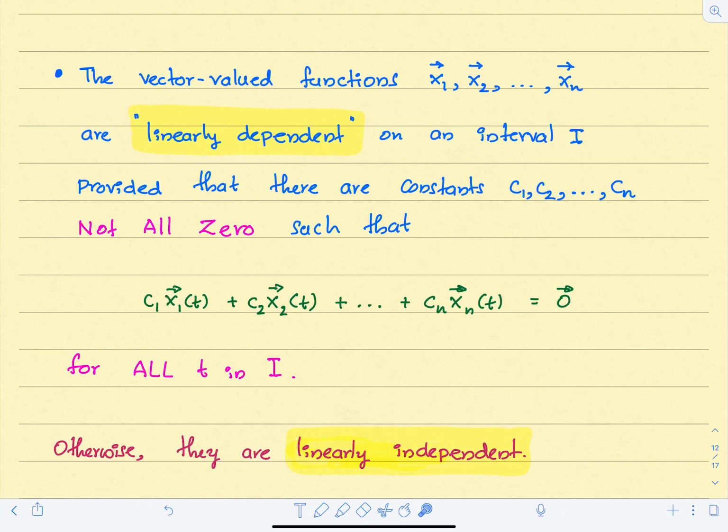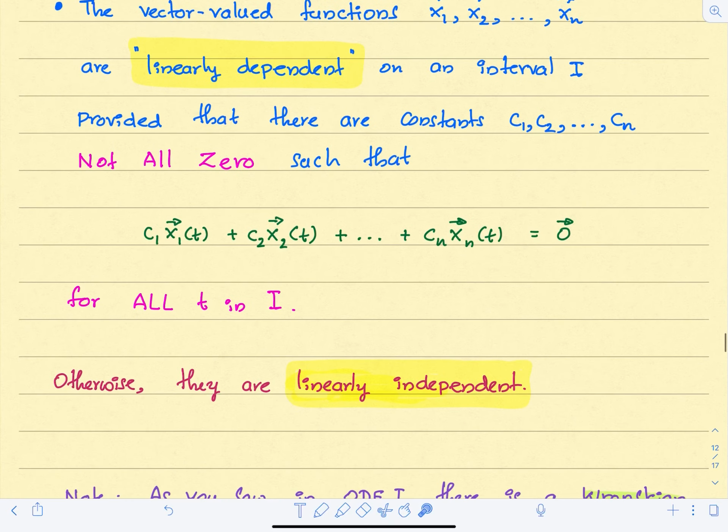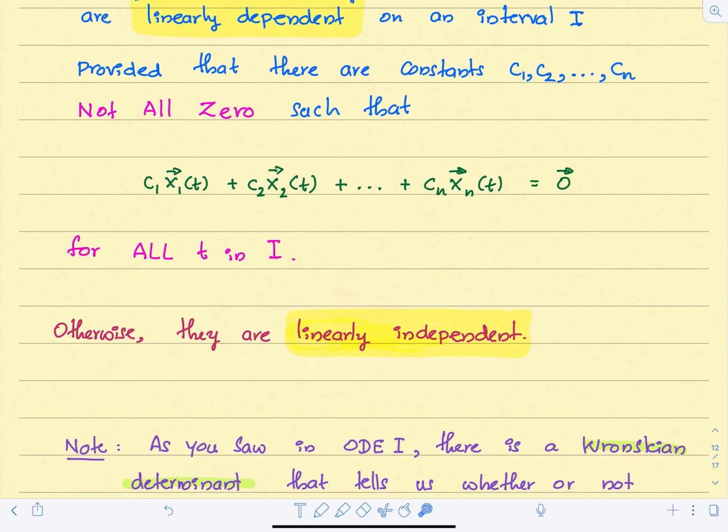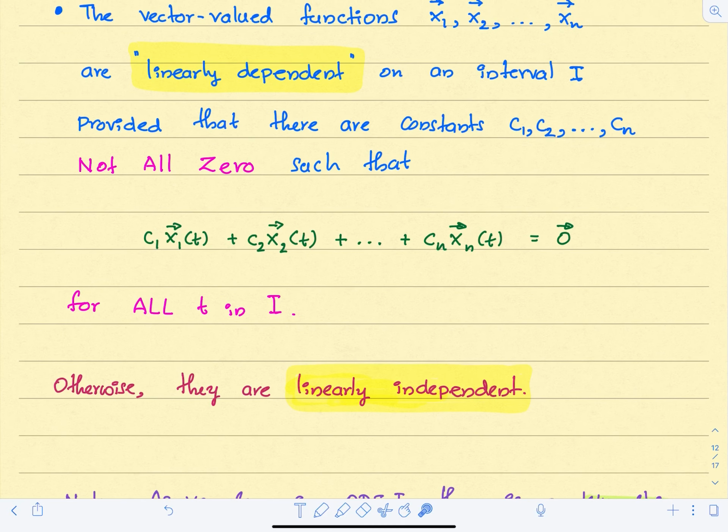So here you should pay attention to these three words, not all 0. Maybe you can have some c values that equal 0, but if you have linearly dependent vectors, definitely you can find non-zero c values. Otherwise they are linearly independent. So if all the c values equal 0, then your vectors are linearly independent.